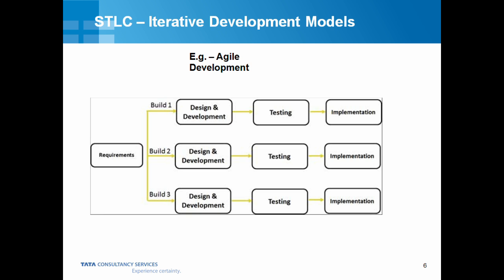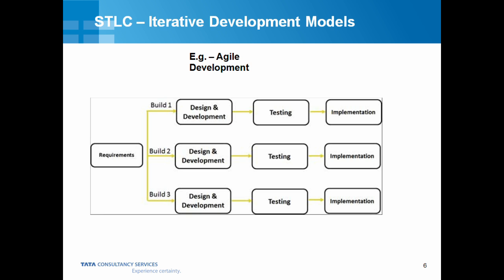And maybe in the third phase you want to come up with the UI, how it looks, the layout, the different fields, the different control IDs, and you integrate it, do the testing and implementation, and then you merge all of these. You keep on doing incremental testing as well once the code is merged for the previous builds.